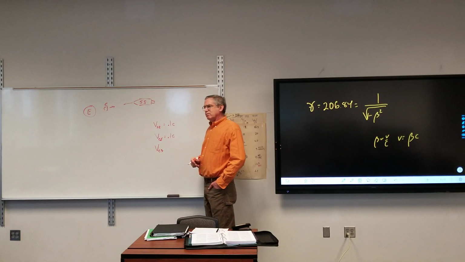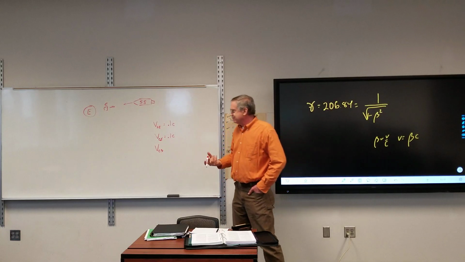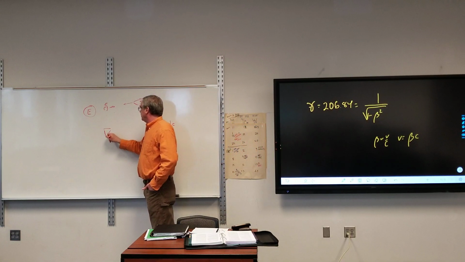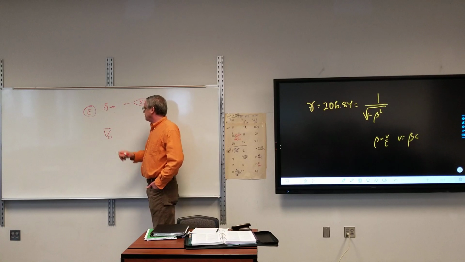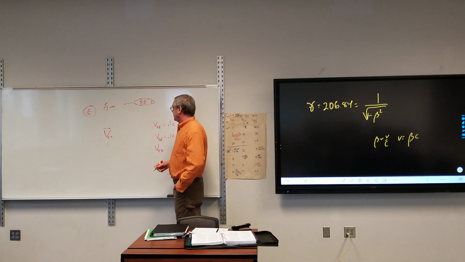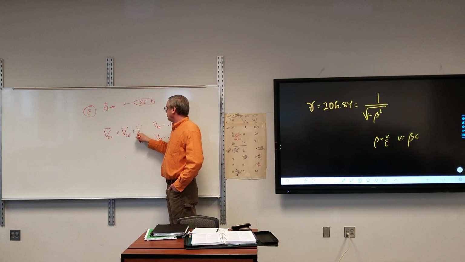So, when adding velocities, I start with the Galilean. I know the velocity of c with respect to s. Put in some velocities here since direction will matter. The velocity of c with respect to s is the velocity of c with respect to the Earth plus the velocity of the Earth with respect to the spaceship.